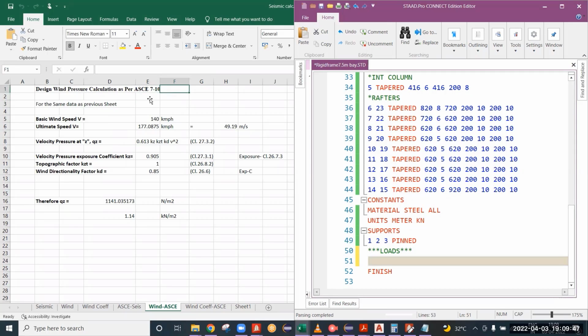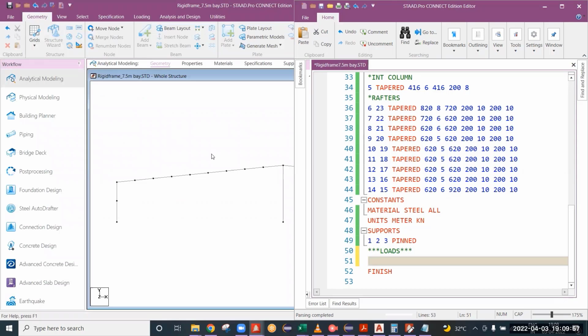For this I am going to use MBMA 2012 to apply loads, and for seismic I am going to use IBC, International Building Code. There is no direct provision for seismic. All the American codes will be acceptable with IBC, so first I have to define IBC.